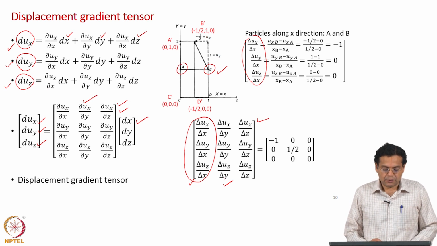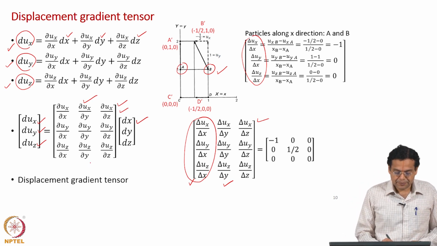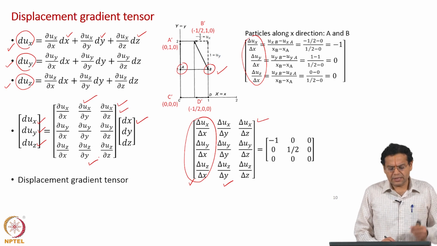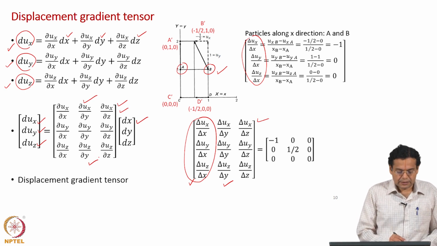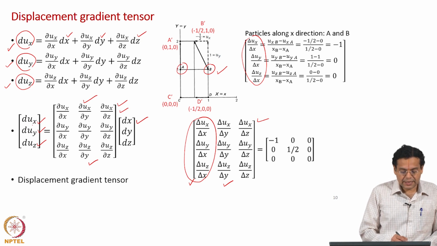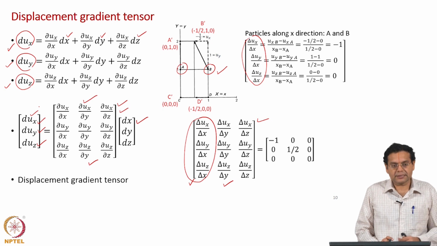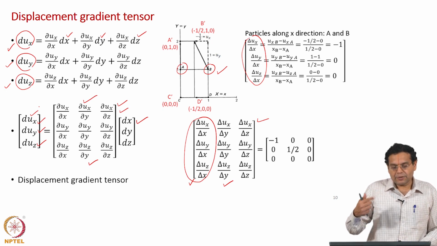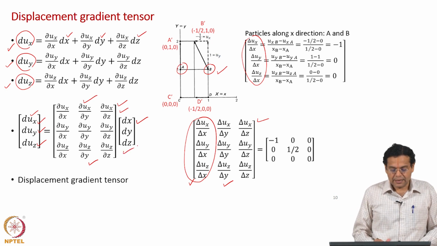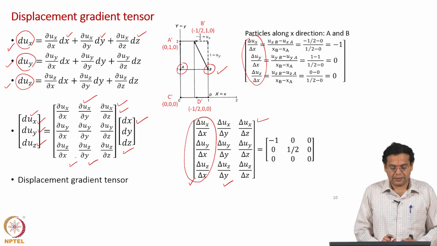Okay. Now, what does this tensor tell you? We already discussed that on the left hand side we have the displacements, and the displacements are in x, y, z directions, and each of them can vary in x, y, z direction, which are here, and hence resulting in 9 components of the displacement gradient tensor.